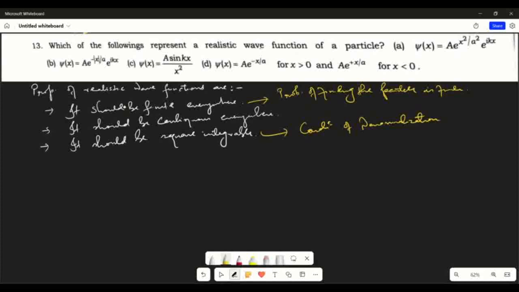So now let's check the first function. The first function is psi x equals a e to the power x square by a square and exponential ikx.